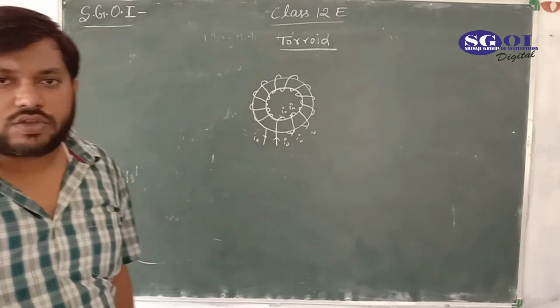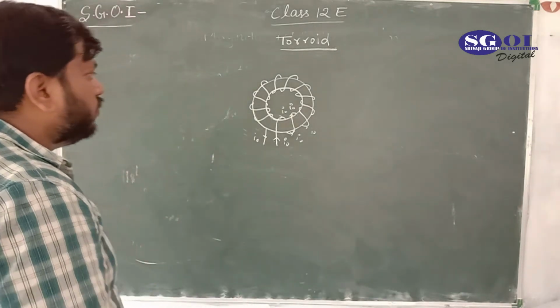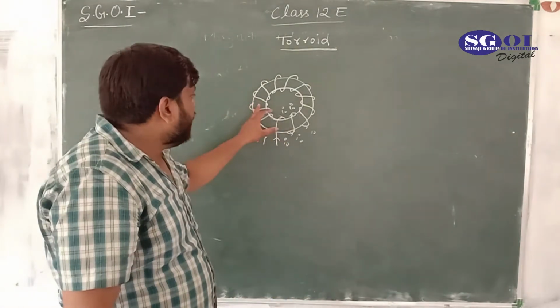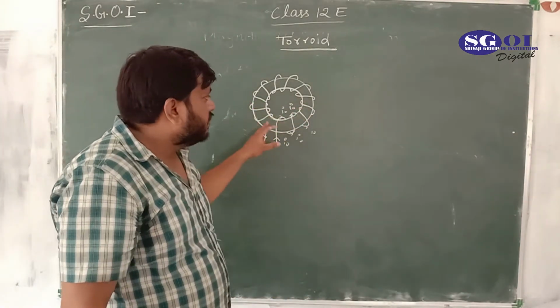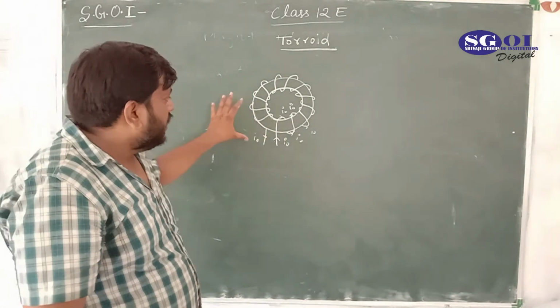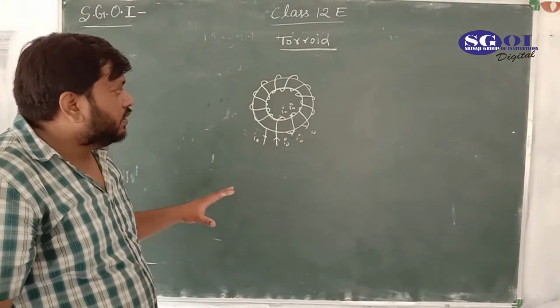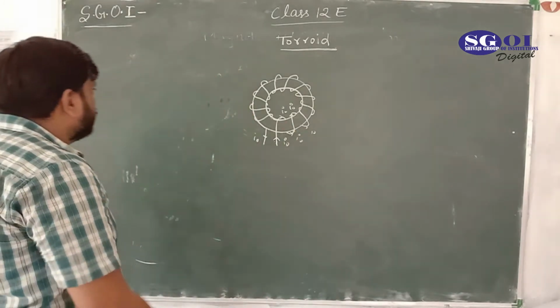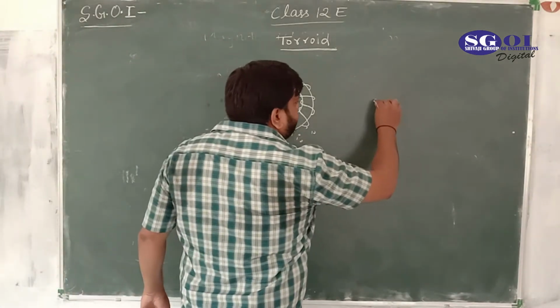So this structure is called a toroid, and we want to find the magnitude of the magnetic field in between this region. So let's draw another figure as we have drawn in the solenoid.